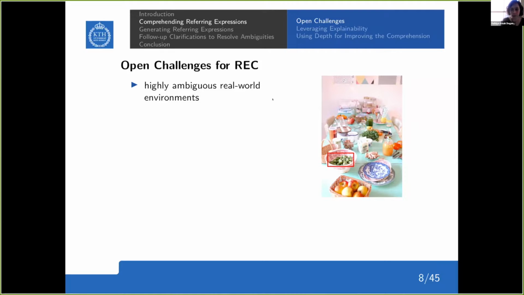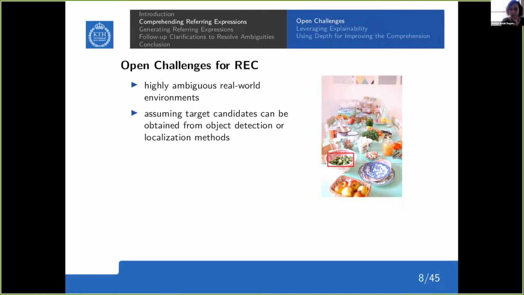The open challenges in referring expression generation: generally, the previous works didn't focus on highly ambiguous real-world environments. As you see in this example, it's a very messy table, it's not structured, and it's not easy to make inferences, but the existing studies generally focused on lab environments. Everything is predetermined and pre-allocated. Another problem in the previous studies is that they assume that the target candidates can be obtained by existing object detector or localization methods.